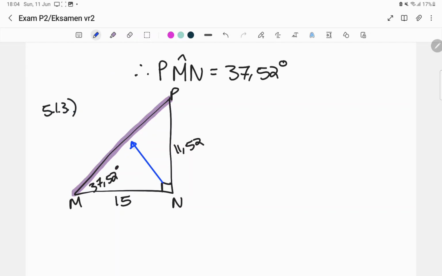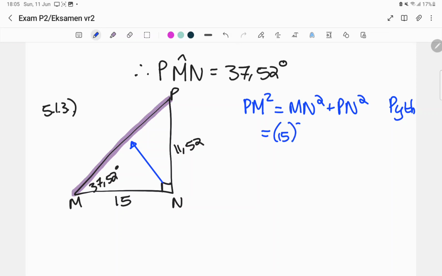So if I had to write the formula here now, it would be PM squared, because it's my hypotenuse, equals MN squared plus PN squared. Remember your reason. Let's substitute in. So in MN's place we're putting 15. In PN's place we're putting 11,52.